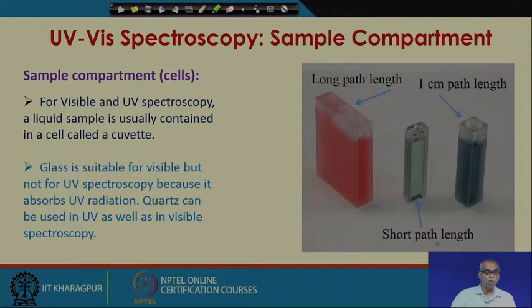Glass is suitable for visible, but not for UV spectroscopy, because glass absorbs UV radiation. Quartz can be used in UV spectroscopy as well as in visible spectroscopy. So, basically cuvettes made of quartz are used for UV spectroscopy.